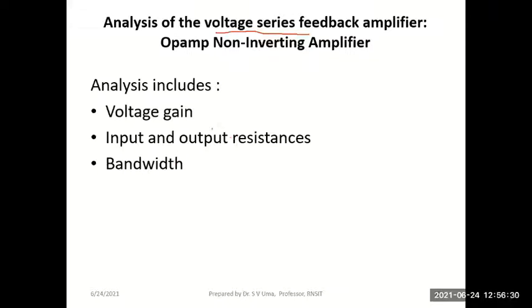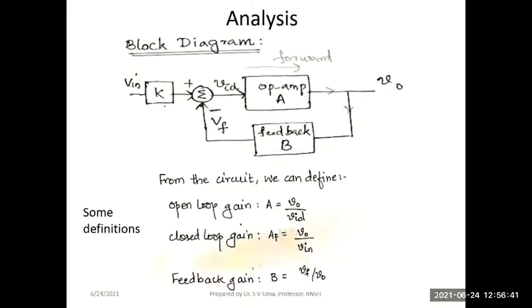Remember, these are the same things which we did for a FET amplifier. We did the common source FET amplifier. We found its voltage gain, its input resistance, output resistance and all. So for analysis, let's first consider a very simple block diagram of a voltage series feedback amplifier.